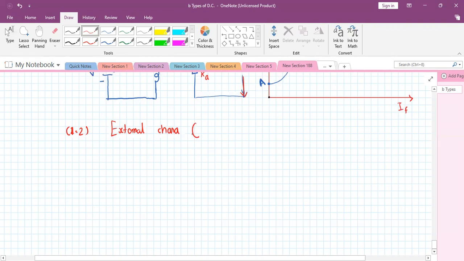At the outer side, which voltage are you getting? Your circuit diagram remains that of the DC shunt machine, so you just have to draw the DC shunt circuit. Your armature is there.